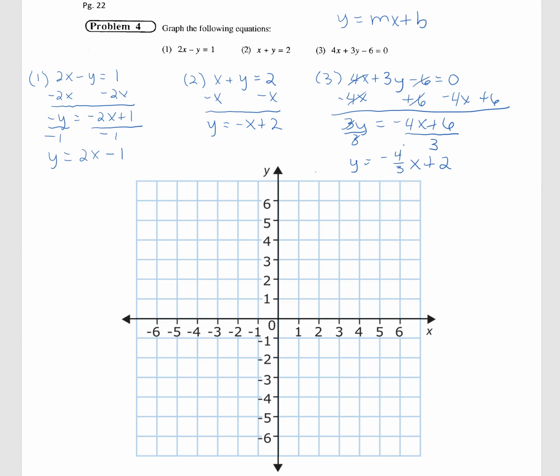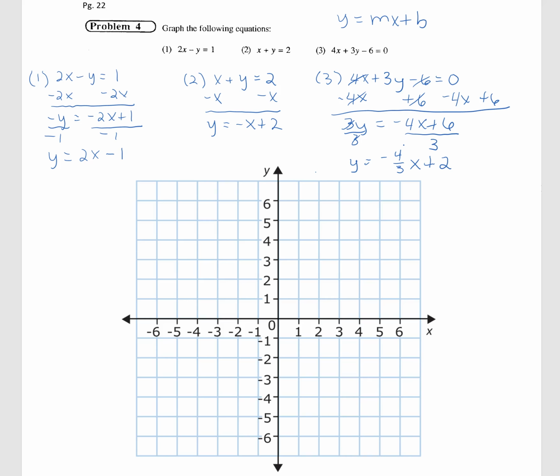And so you can see that now we have all these equations in the form y equals something times x plus or minus something. So this is going to make it easier to graph. This is because our m is our slope and b is our y-intercept.